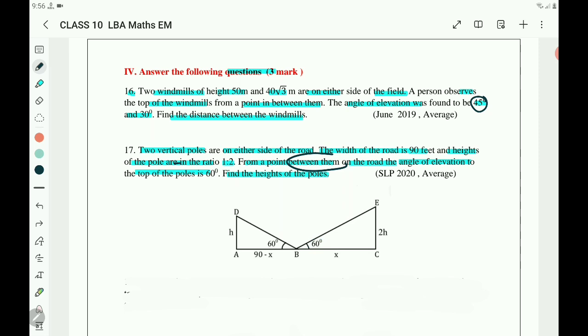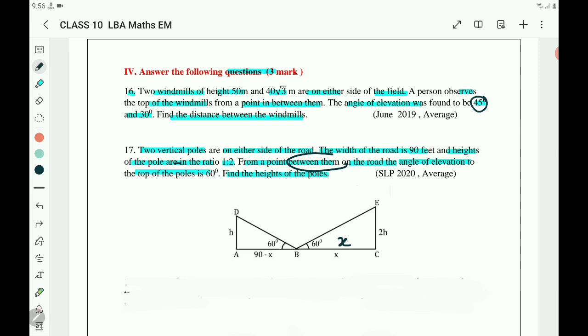Here symbolically, if you take this distance as x, then naturally the other distance becomes 90 minus x, because the total distance, the width of the road, is 90. So from B to C, if you take it as x, then the remaining length from B to A must be 90 minus x.